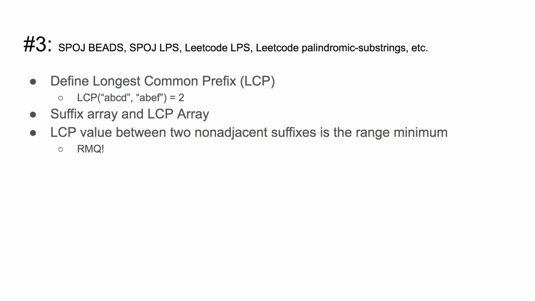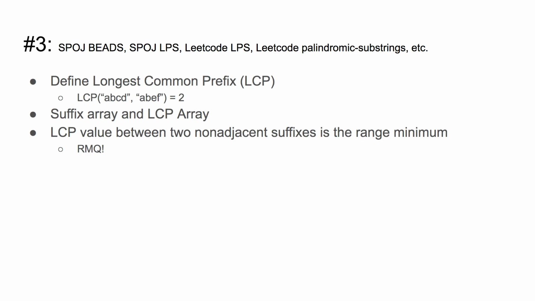Now that's useful and all, but it's only for adjacent suffixes. How do we generalize to the LCP between two general suffixes? And the idea for that is that it's also the range minimum. Yeah, the argument is actually pretty simple. You can use like a squeeze theorem.